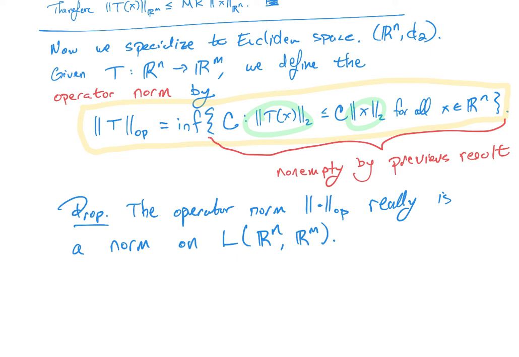The second one is that the only place it takes on the value 0 is at 0. Let's talk about that for a second. So we need to prove that the operator norm of T equals 0 if and only if T equals 0.